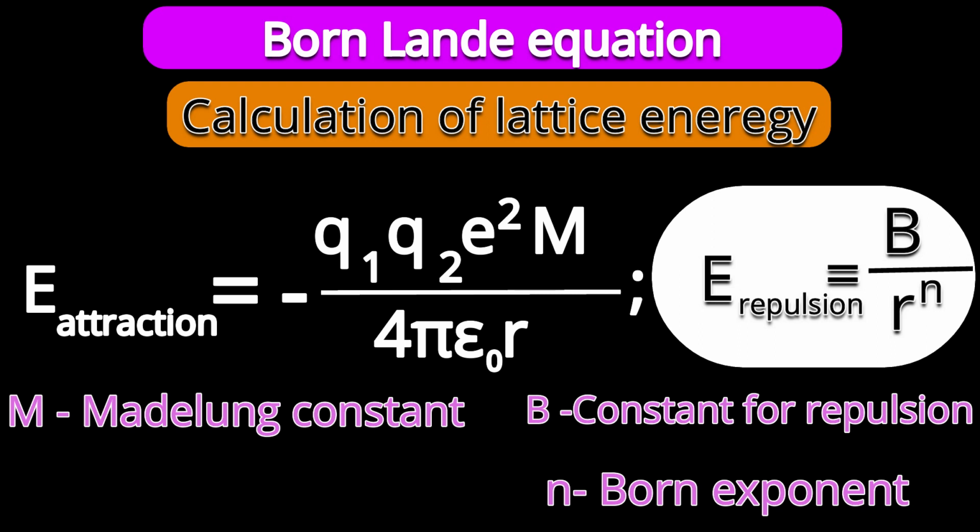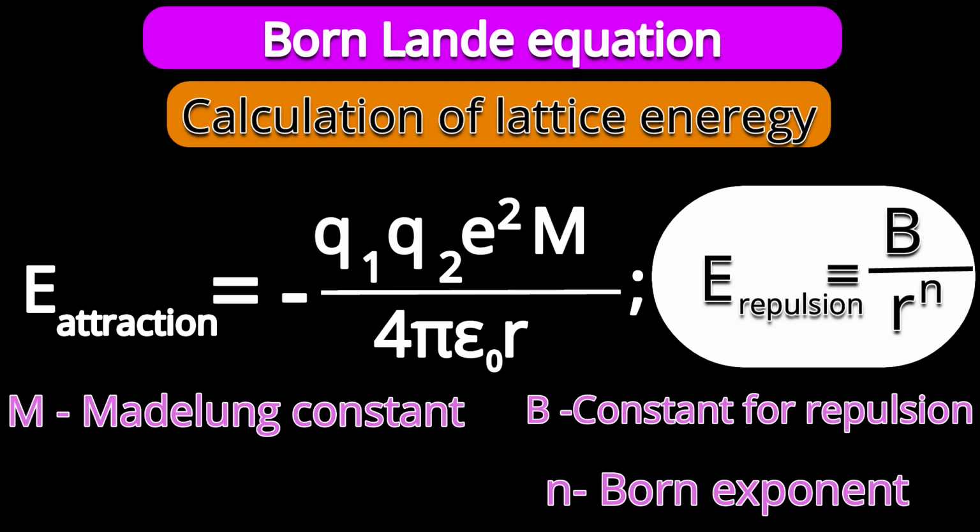And repulsive potential energy ER equals capital B upon r raised to n. That B is one constant they have considered, the repulsive interaction constant. And that n is the Born exponent. That Born exponent term will come where that n is an exponent. Therefore, I am showing this expression.